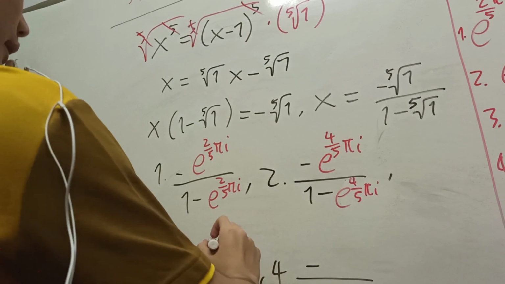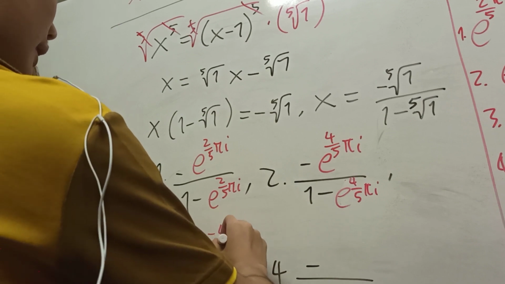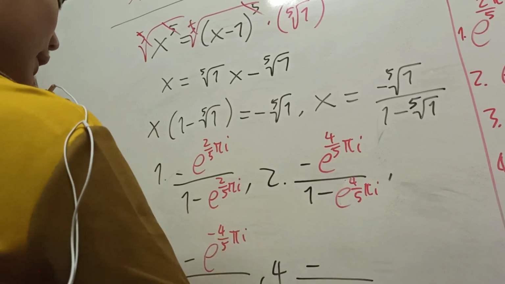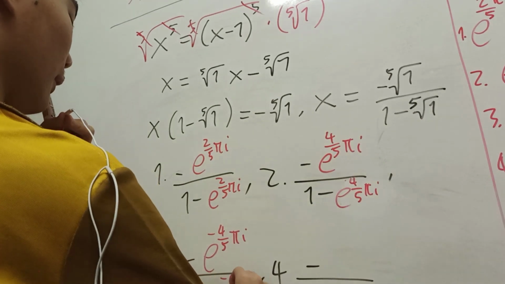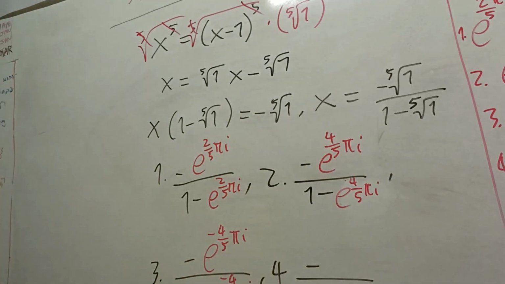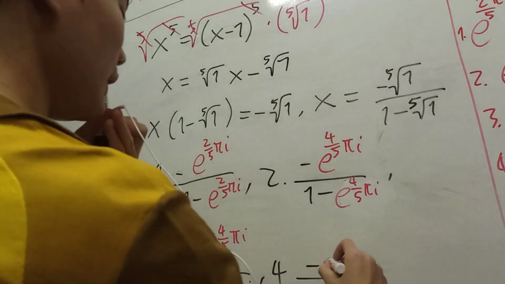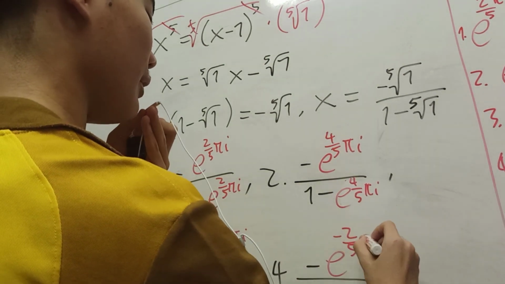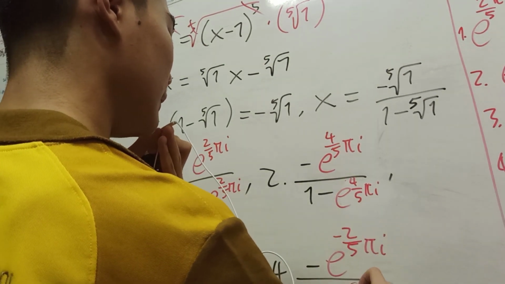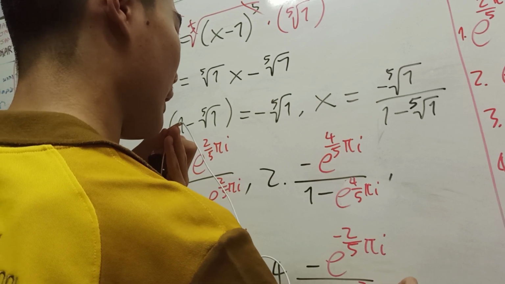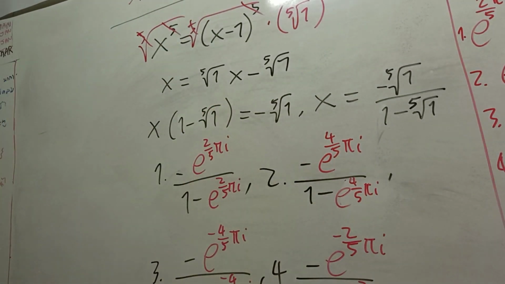And then here we have e to the minus 4 over 5 pi i, and then e to the minus 4 over 5 pi i, like that. And then the last one, e to the minus 2 over 5 pi i, and then e to the minus 2 over 5 pi i. There you go. Those are the 4 solutions that we have. Whoops, I dropped my marker.